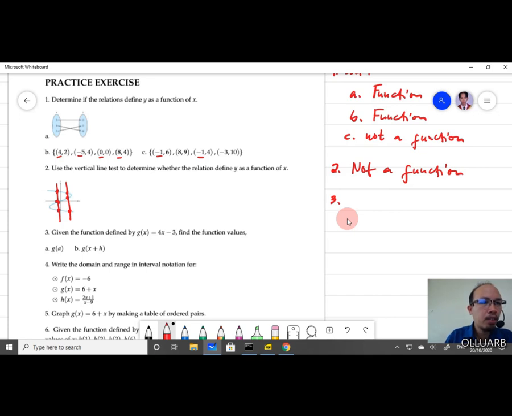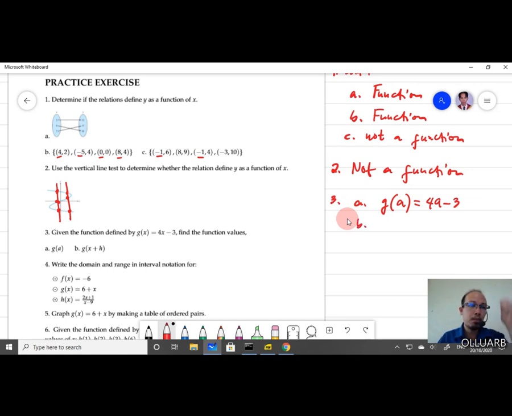Okay, so for number 3, given the function defined by this set, find the value if you substitute. Okay, so for letter A, our given is g of x, which is equal to 4x minus 3. For letter A, we have our a here, so we have to replace our x by a. So this answer is 4a minus 3.